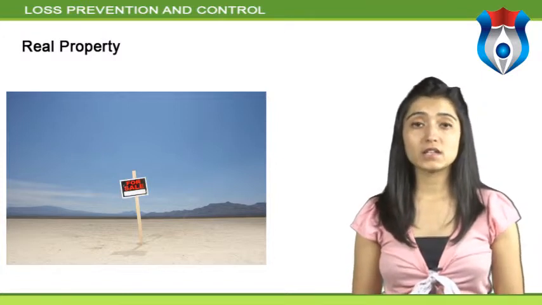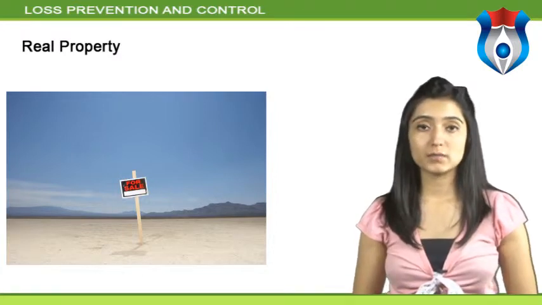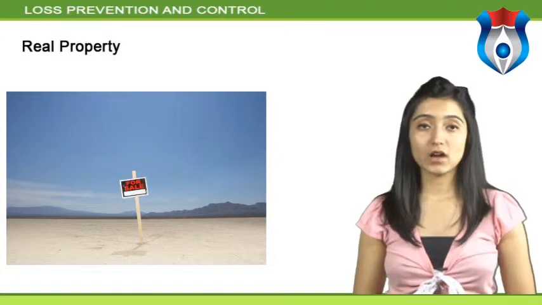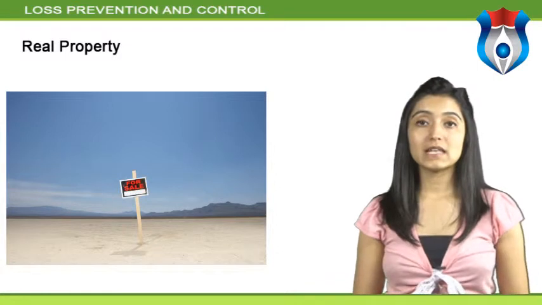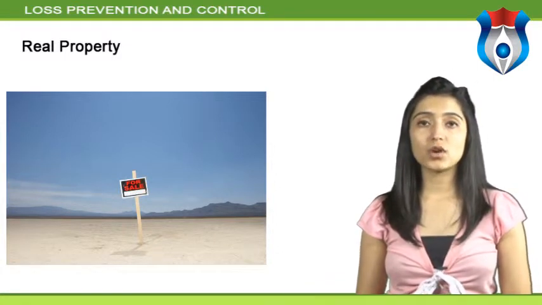Unimproved land is classified separately because its value may be difficult to determine and because perils that can damage unimproved land are unique. Such land may contain water: lake, river, creek, springs, or the underground water table.